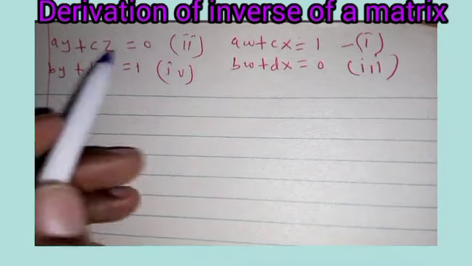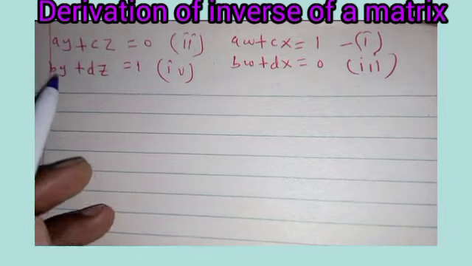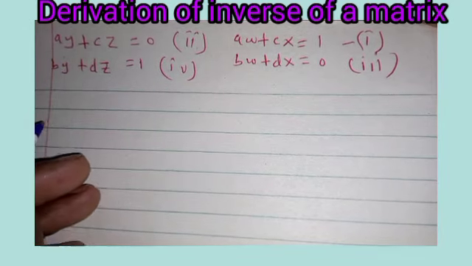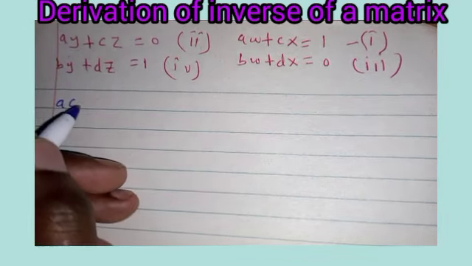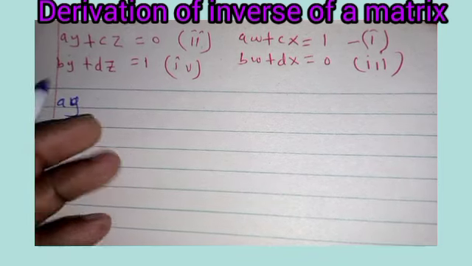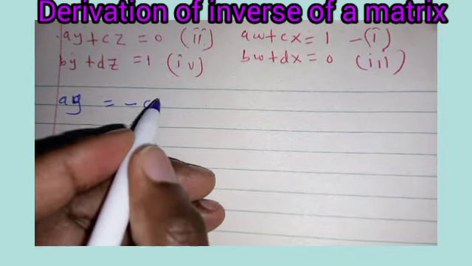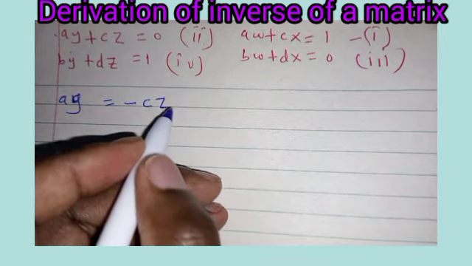So from equation 2, we can make AY the subject of the formula. So AY will be equal to negative CZ, as shown there.